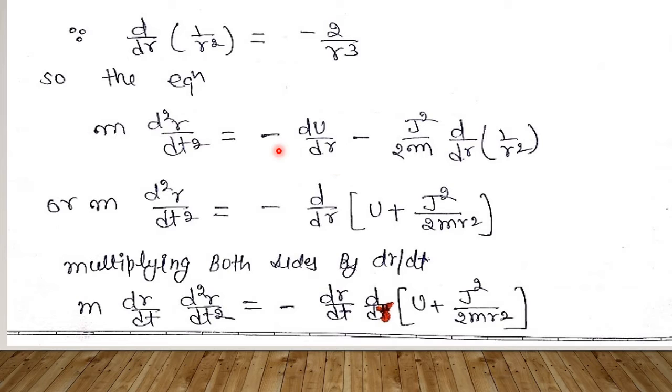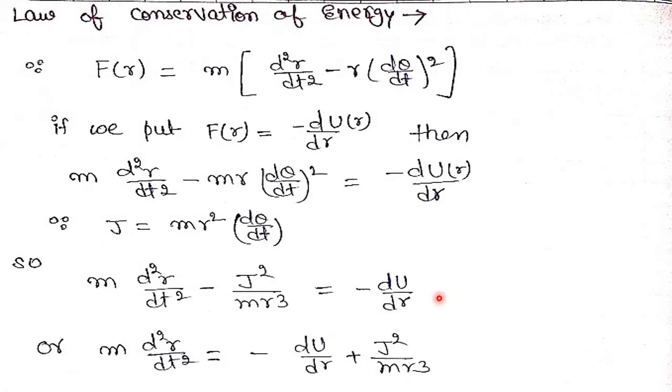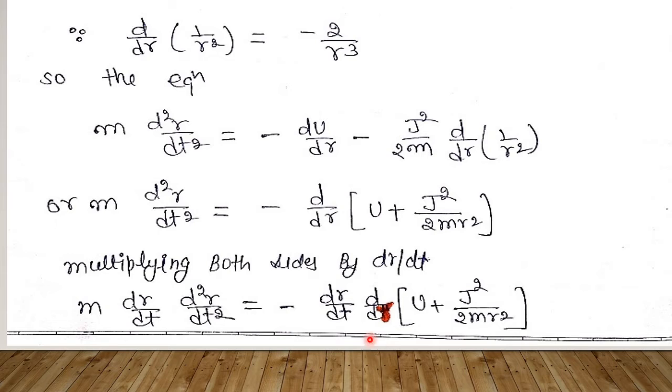So we have minus J square upon 2m and d/dr of 1 upon r square. Now rearranging, m d2r/dt2 equals minus d/dr of the bracket u plus J square upon 2m r square.